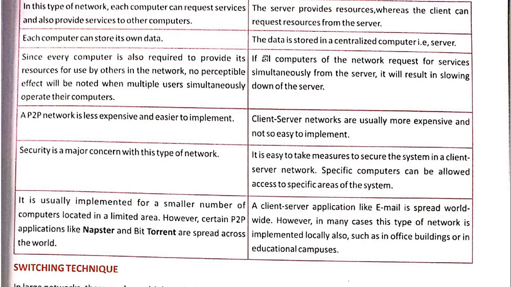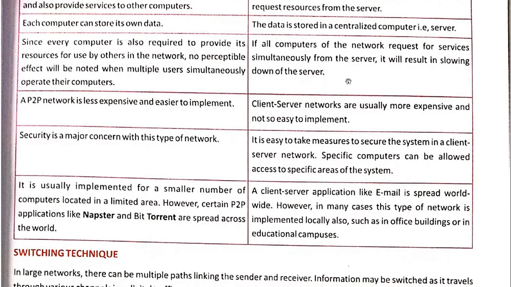But here, if all the computers in the network request services from the server simultaneously, it will result in slowing down of the server. For example, when everyone is filling the railway form, the railway server says that the server is busy.